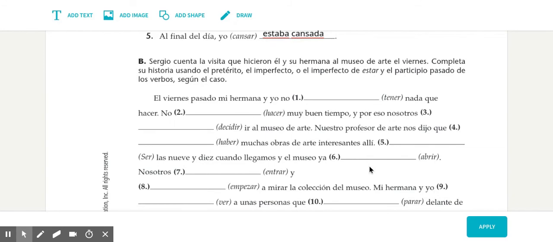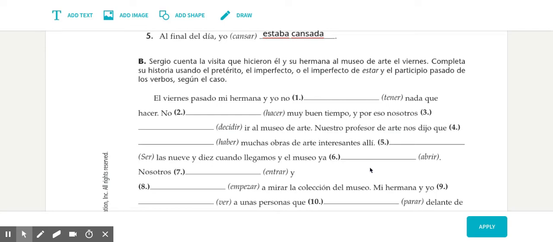Okay. B. Sergio cuenta la visita que hicieron él y su hermana al Museo de Arte el viernes. So Sergio is talking about the visit that he and his sister made to the art museum on Friday. Completa su historia usando el pretérito, el imperfecto o el imperfecto de estar y participio pasado de los verbos según el caso.